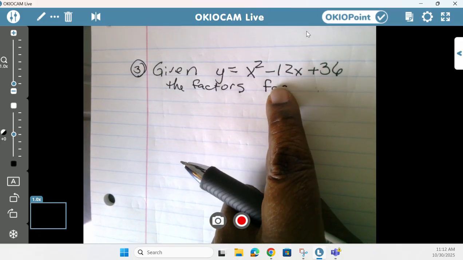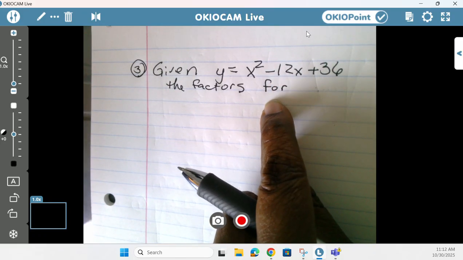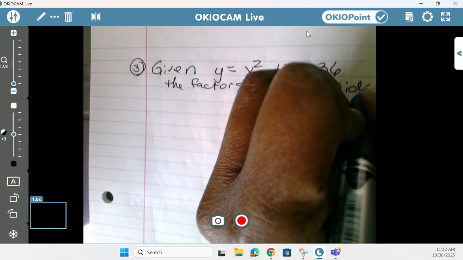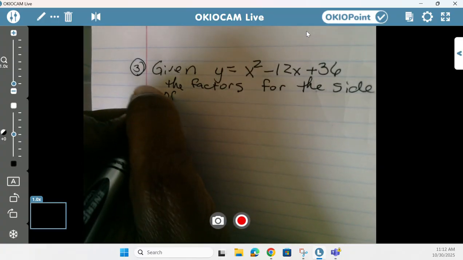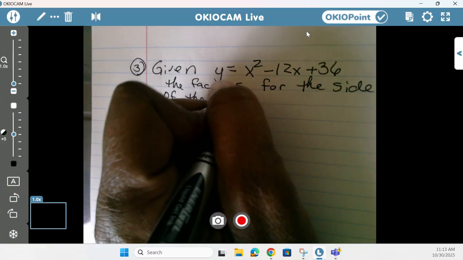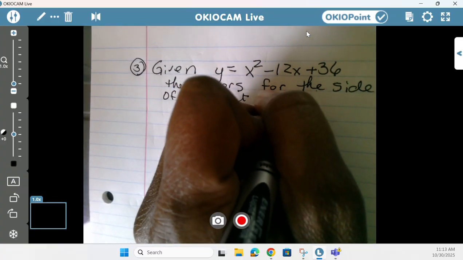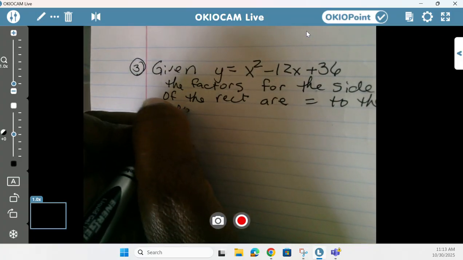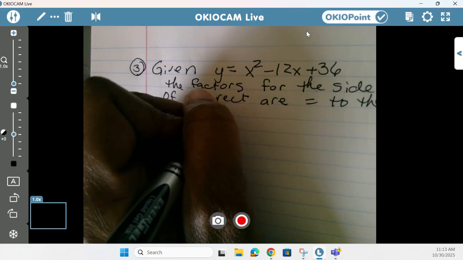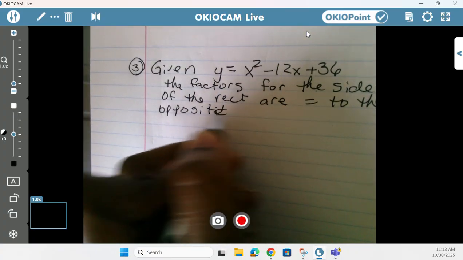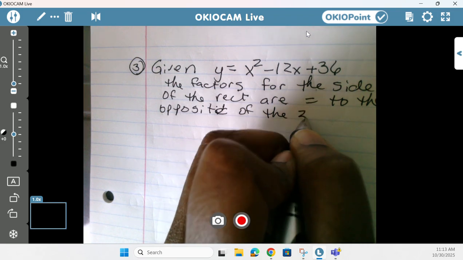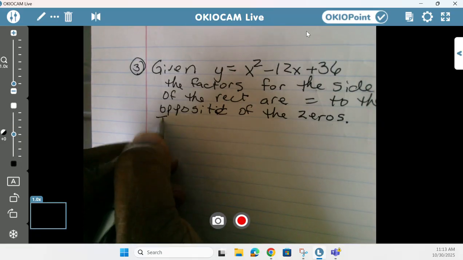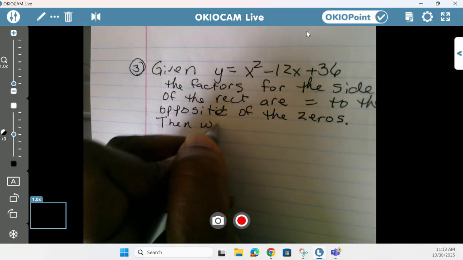Okay, but I'm going to say that the factors for the sides of the rectangle are equal to the opposite of the zeros. And then you write the opposites as factors.